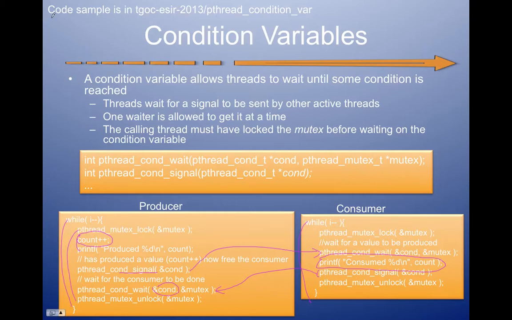Look at this code on the SVN repository, and you can try this exact code that implements a synchronization scheme similar to the one given as an example at the beginning of this presentation.